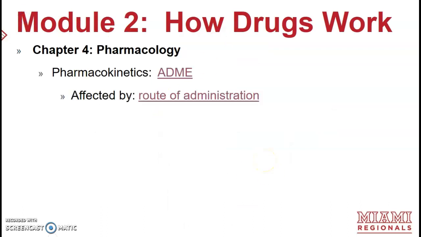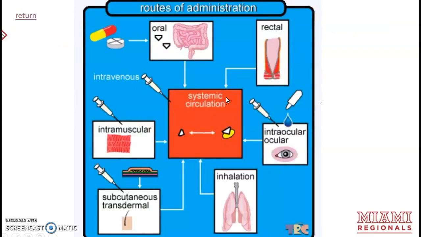As I mentioned, the pharmacokinetics, especially absorption and distribution, are really affected by route of administration. In this chapter, we're going to learn about 7 different routes of administration. This little infographic illustrates a few of those. Drugs can be taken orally, like in a pill form. Some drugs are taken rectally, inserted through the rectum.